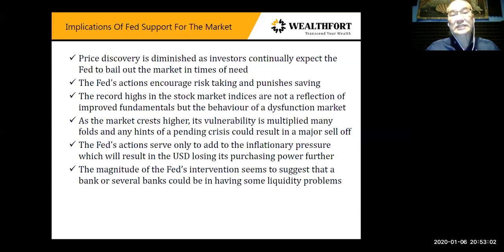And there will come a time where the Federal Reserve, as long as they keep financing the stock market, what will happen? US debt will continue to increase because the Federal Reserve has to monetize the debt to feed the market.